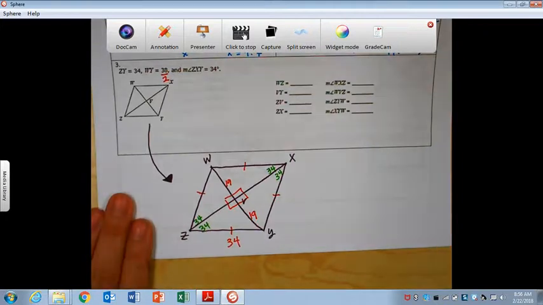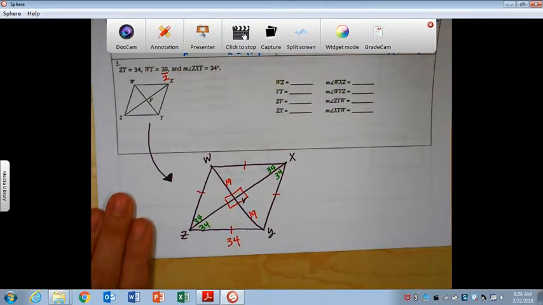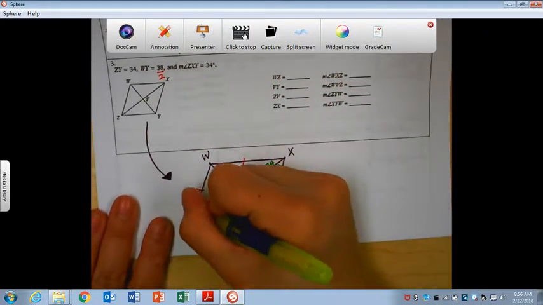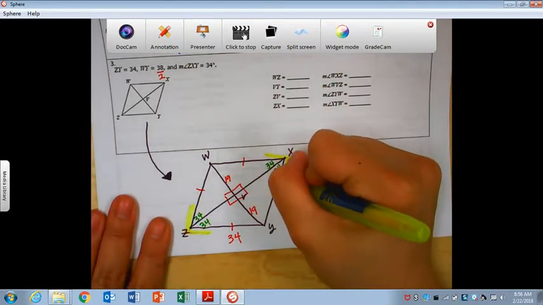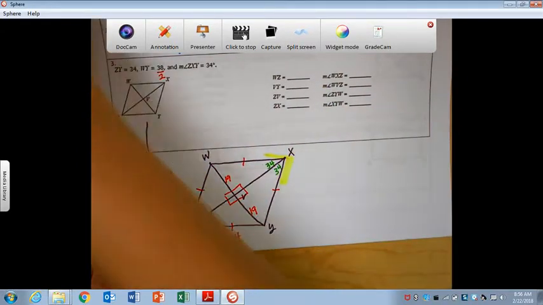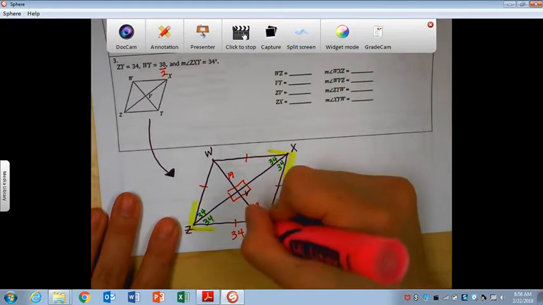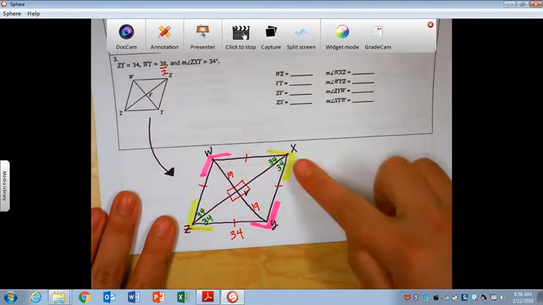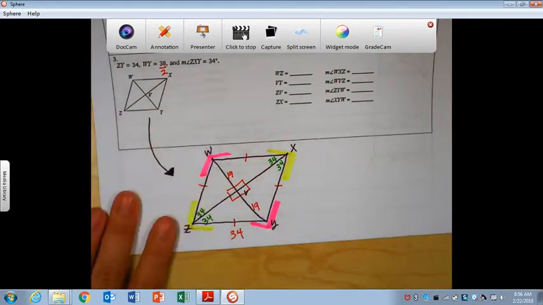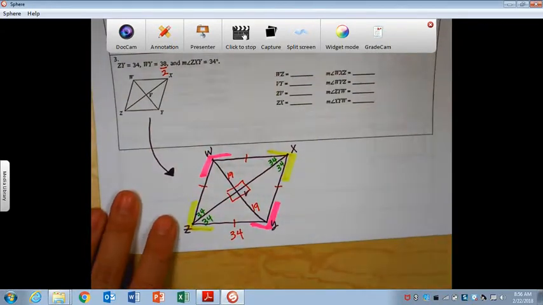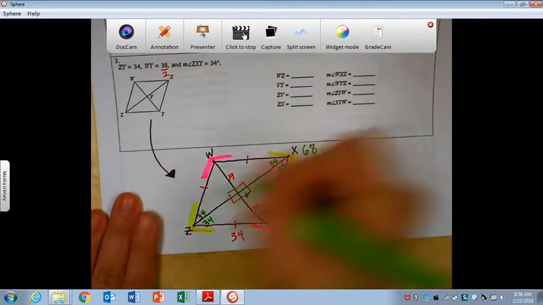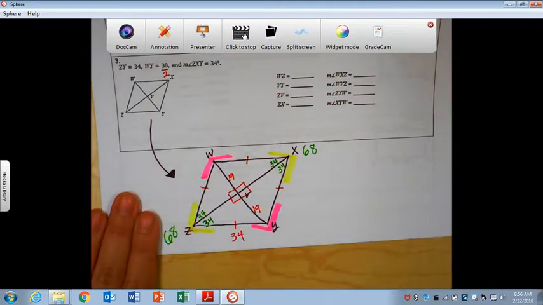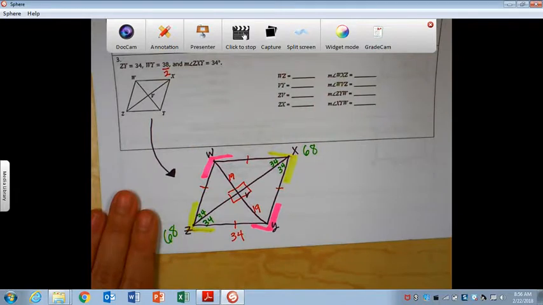Now, you have to remember that these are equal and so are these. But then it's still a parallelogram, so these are consecutive angles. So 34 plus 34, that's 68.